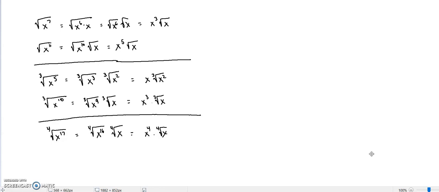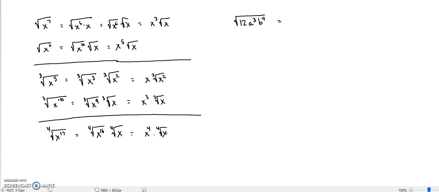All right, so let's put this together with what we did with numbers before. So let's say that we've got the square root of 12a cubed b to the 4th. All right, so we want to simplify this as much as we can. And we're back to square roots now, so we're looking at half of the exponent.